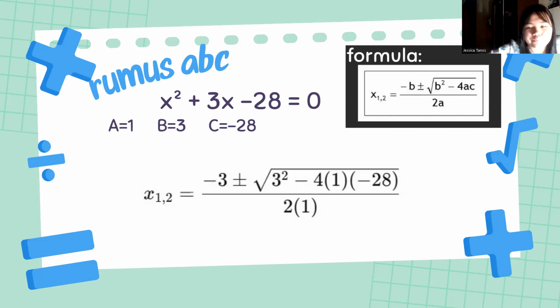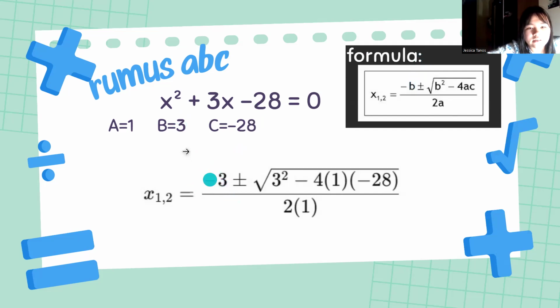Okay, so I didn't put the formula on the other side again, so please take notes. This is going to be the same equation. a equals 1, b equals 3, c equals negative 28. Basically, you need to substitute it. b equals 3, right?